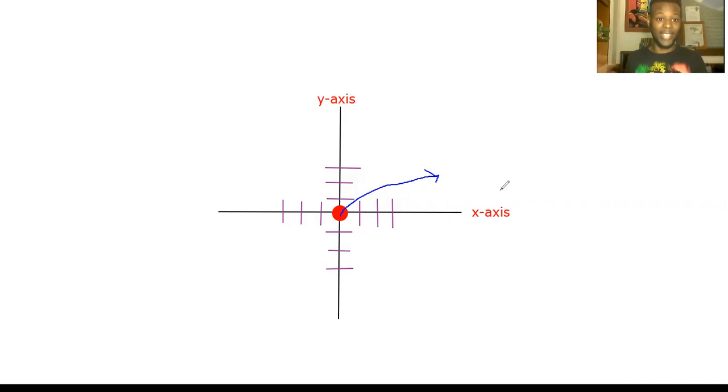Typically, if it's not altered at all, that's the parent function. Again, we have the coordinate graph, and then the graph itself goes like this. And it starts right here at the y-axis unless it's shifted.